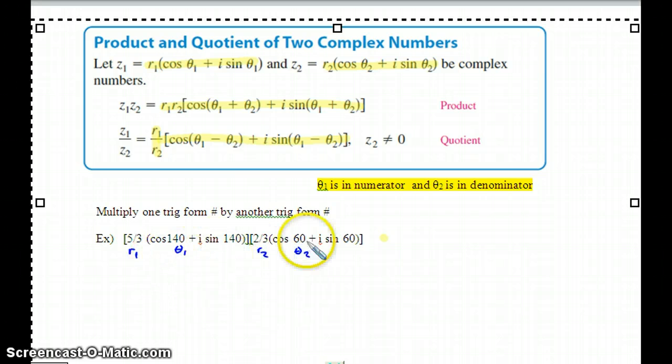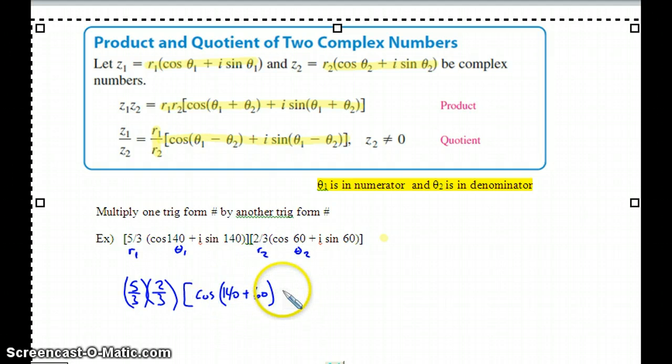So when I actually compute this, I'm going to do r1 times r2, so r1 times r2 times the cosine of theta 1, which is 140 degrees, plus theta 2, and then we will add to that i times the sine of 140 degrees plus 60 degrees.